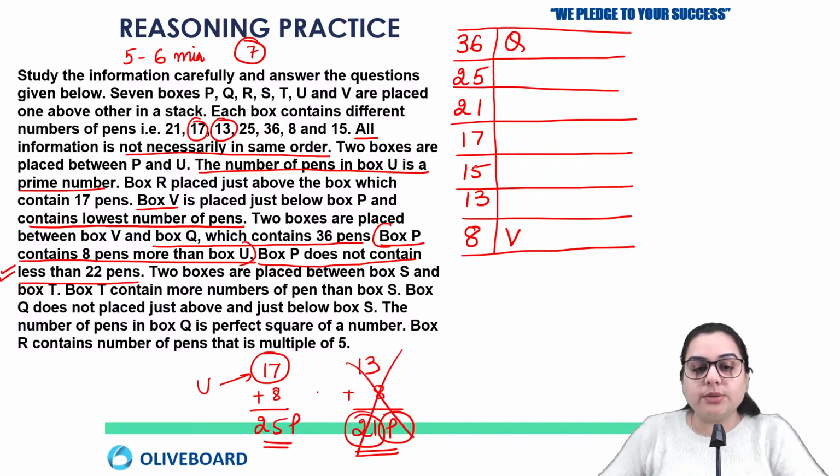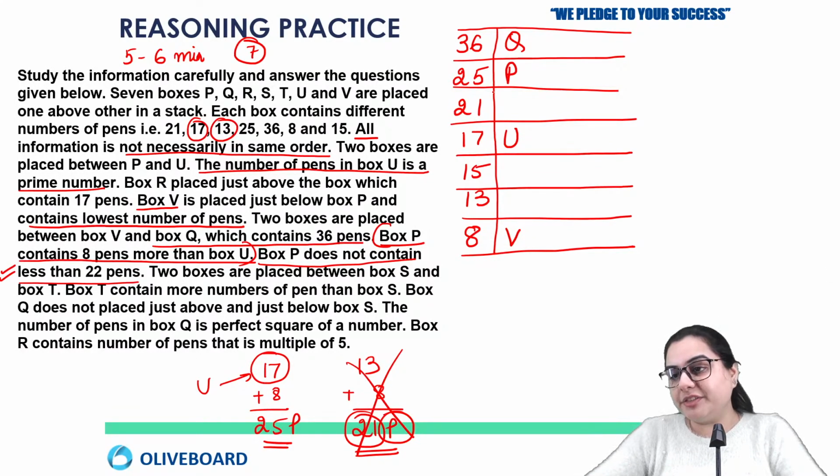That means box U holds 17 pens and box P holds 25 pens.